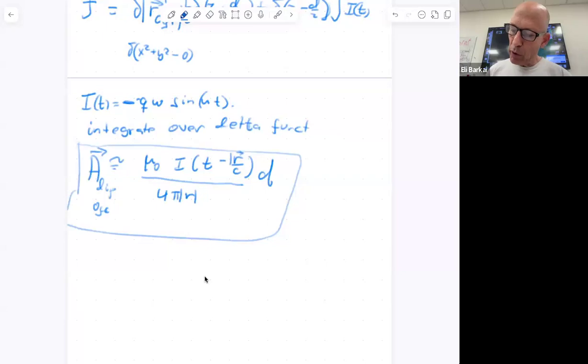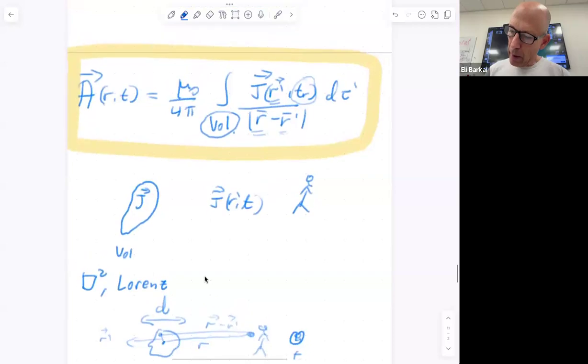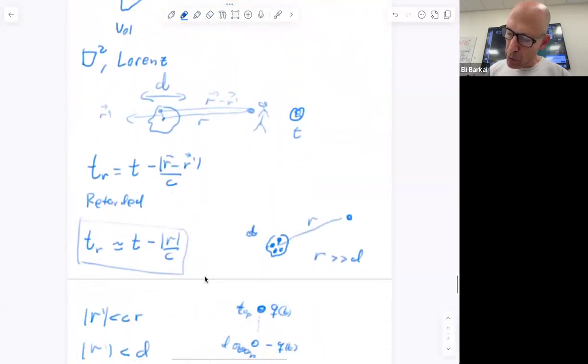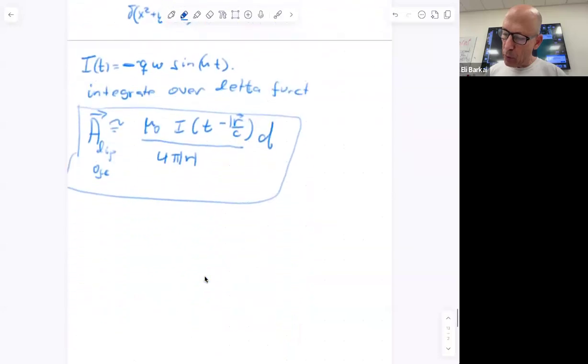But let me explain what is done. I just go backwards a bit. You see, in this t_r, because we are at this approximation, the retarded time is simply t minus R over c because we are far away. I just plugged into this I, this retarded time here.